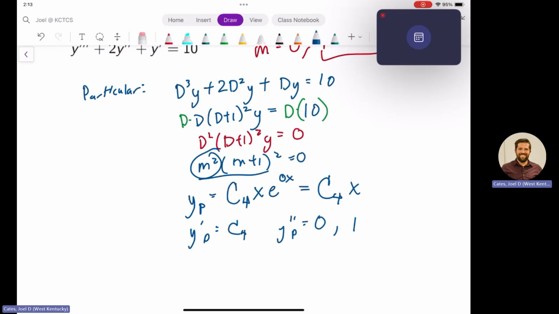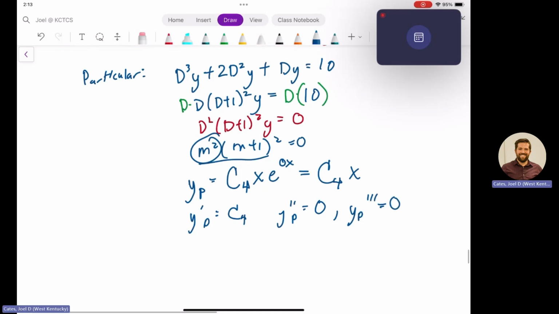My third derivative of my particular solution is also 0. I go back to my original. I have that it's y triple prime, so 0, plus 2y double prime, so 0, plus y prime, which is c sub 4, and it's equal to 10. That means that c sub 4 is 10.